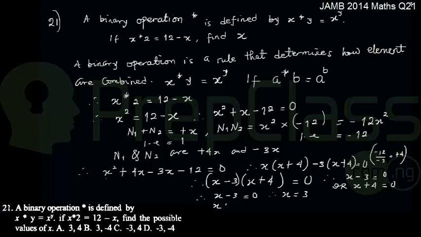And if x plus 4 equals 0, taking plus 4 over the equality sign, x is equal to minus 4. So scanning through the options, our answer resembles option B, because x will be equal to 3 or minus 4, and that corresponds with option B.